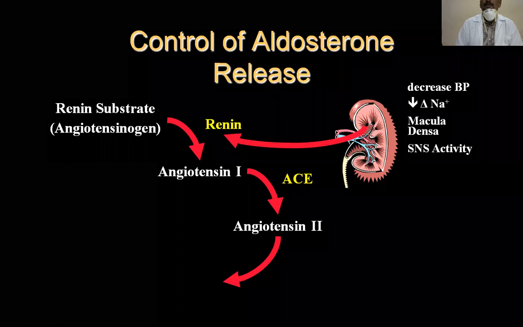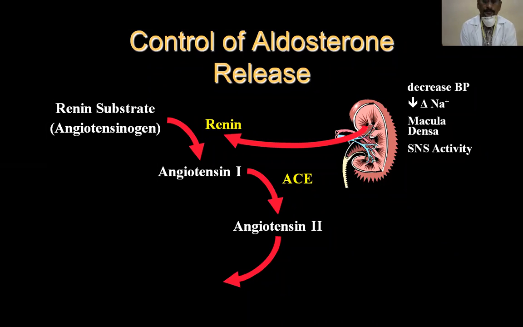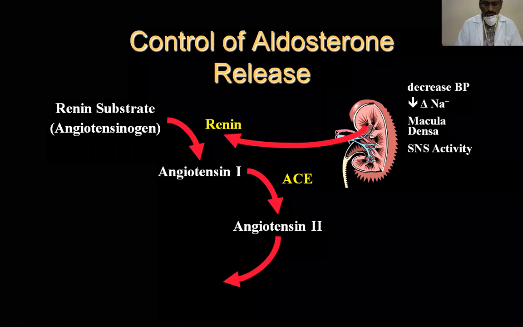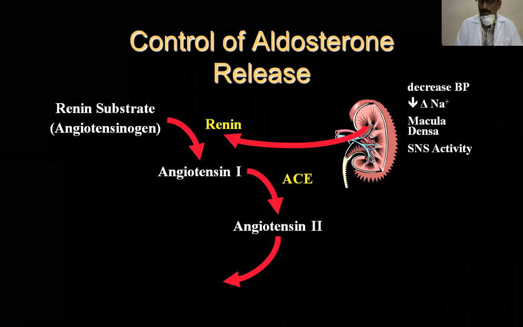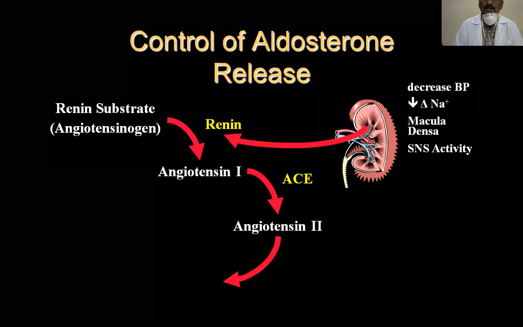Due to the decrease in net filtration pressure and GFR, a lesser amount of filtrate will be formed, flowing through the different segments of the nephron, especially the proximal convoluted tubule. At the beginning of the distal tubule you will find the macula densa cells.